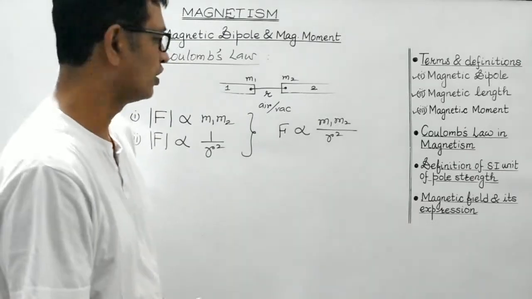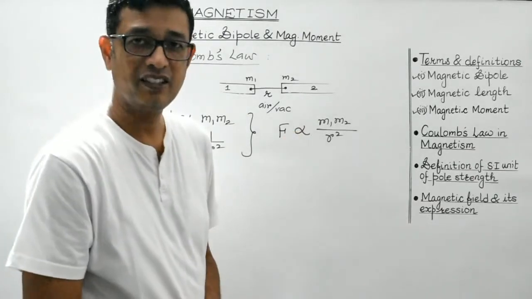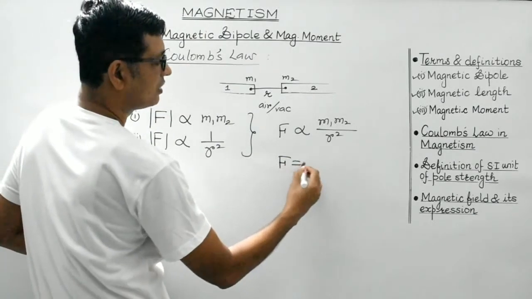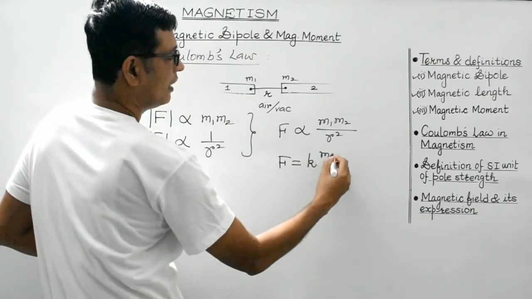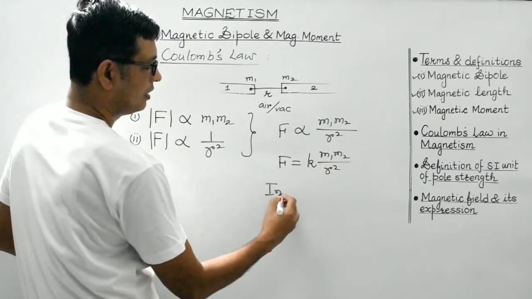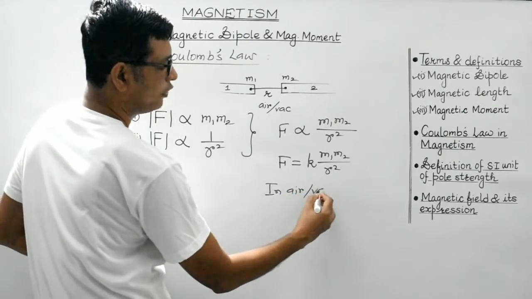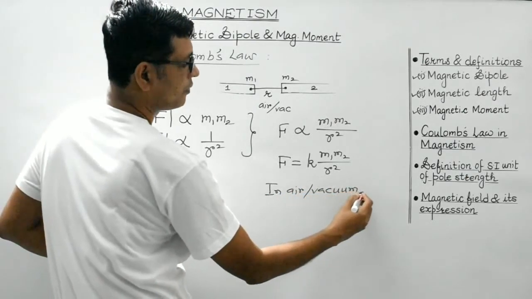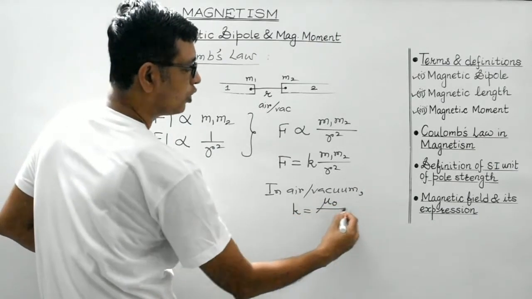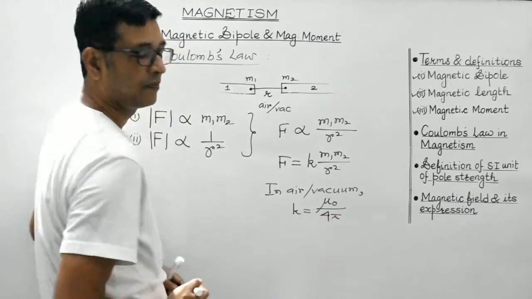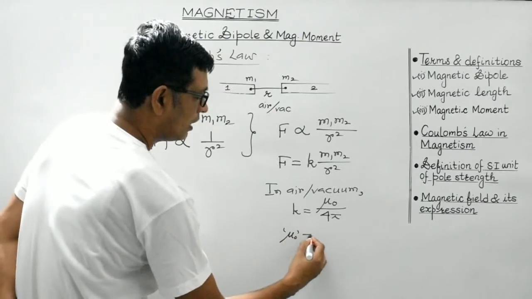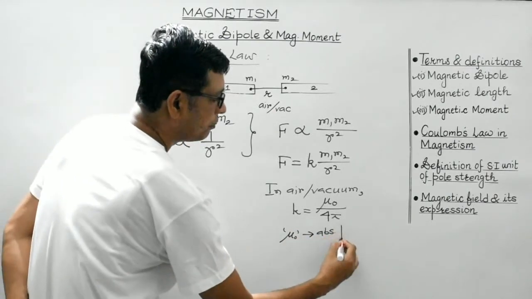Now we are aware, in order to eliminate this proportionality sign, we have to introduce some constant. So that constant is k. F equals k M1 M2 divided by r square. And in air or vacuum, the value of k, students, we are already aware, is mu naught divided by 4 pi. Mu naught, we are already aware, is absolute permeability.